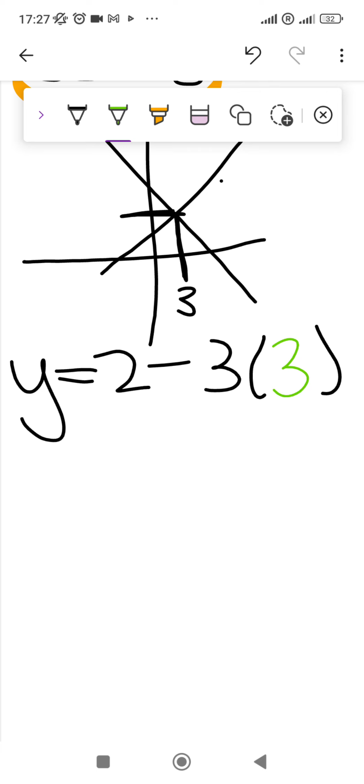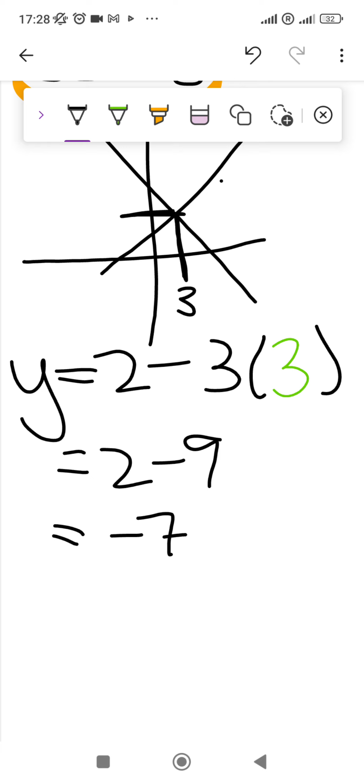All right, so we'll evaluate this. 2 minus 3 times 3 is 9. 2 minus 9 is minus 7. Obviously our picture is incorrectly drawn, but that's not the point. The point is this y value where the two functions meet would be negative 7.